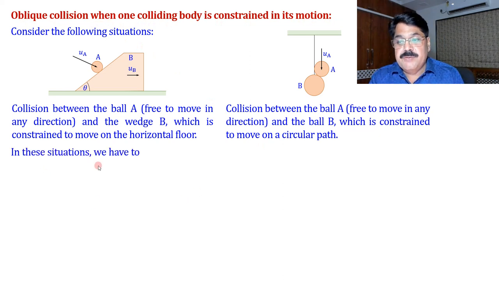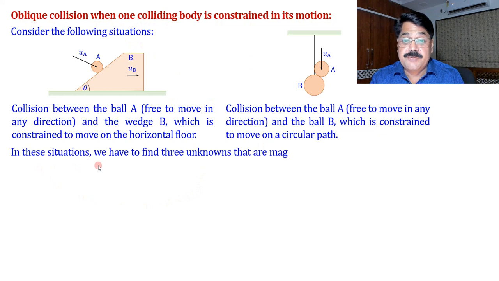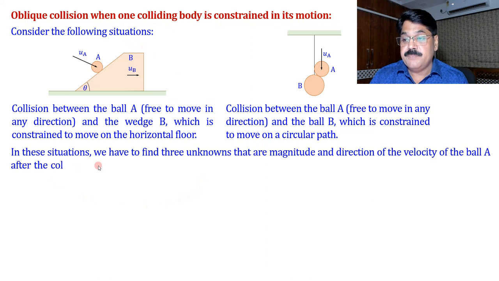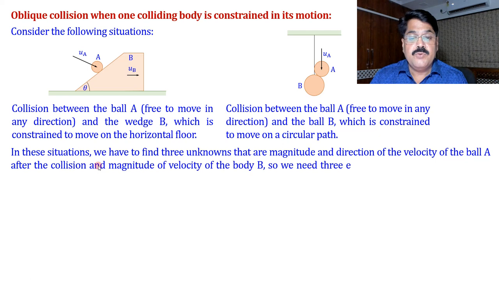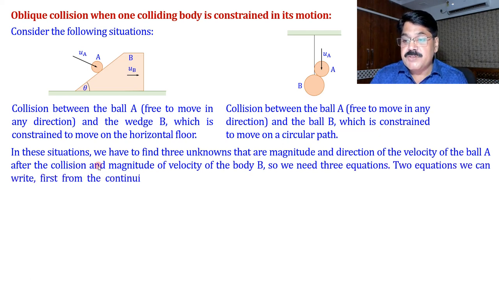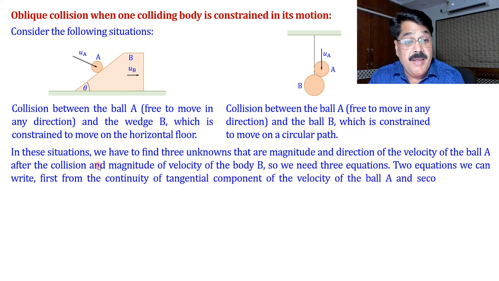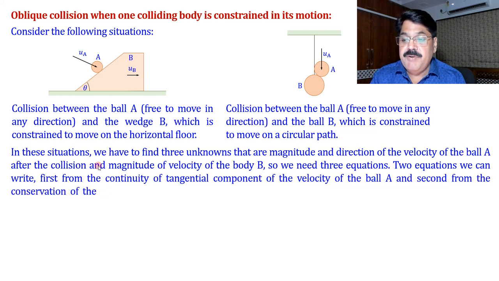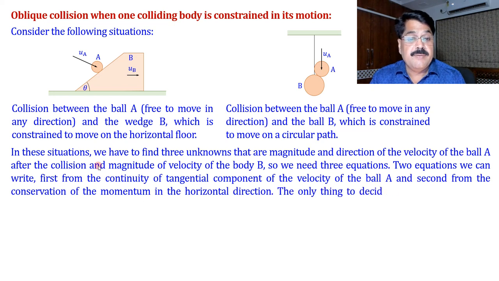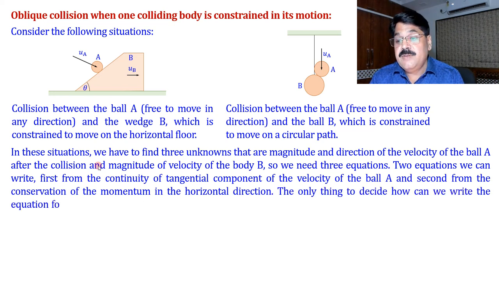In these situations, we have to find three unknowns: the magnitude and direction of the velocity of ball A after the collision, and the magnitude of the velocity of body B. So we need three equations. Two equations we can write: first from the continuity of the tangential component of the velocity of ball A, and second from the conservation of momentum in the horizontal direction. The only thing to decide is how we can write the equation for the coefficient of restitution.